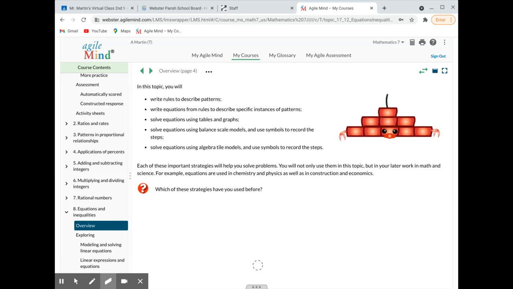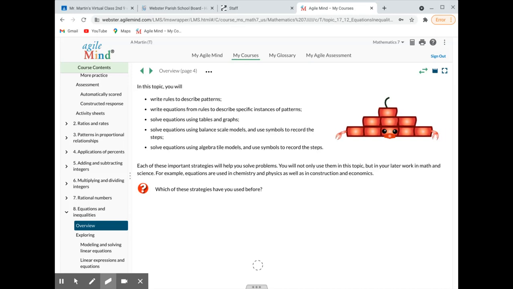In this topic, you will write rules to describe patterns, write equations from rules to describe specific instances of patterns, solve equations using tables and graphs, solve equations using balance scale models and symbols to record the steps, and solve equations using algebra tile models and use symbols to record the steps.